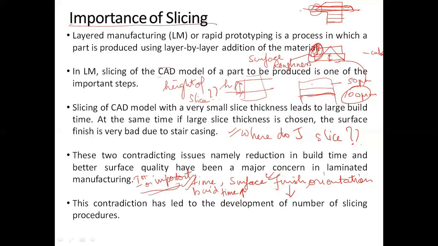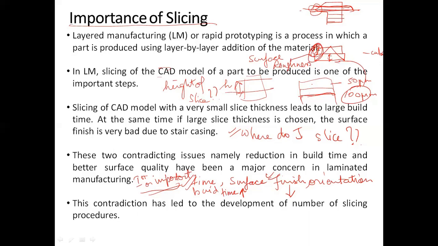As I just explained, there are two contradicting issues: build time and surface quality. In an ideal scenario, your objective is to minimize the build time and maximize the surface quality. That is your objective during normal scenarios.